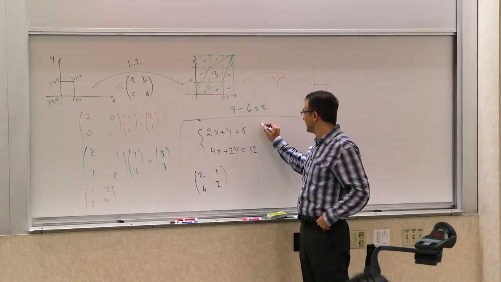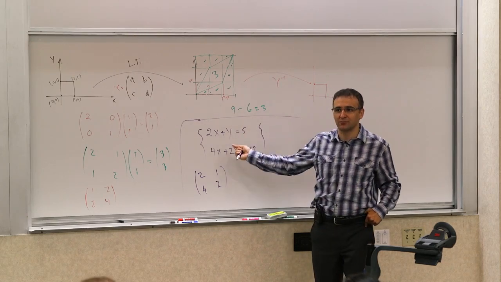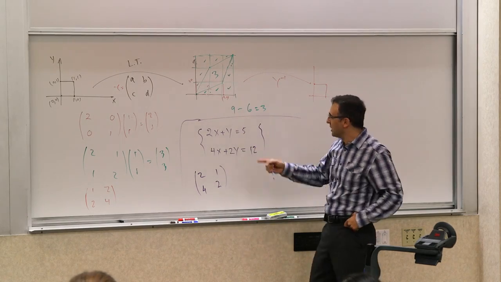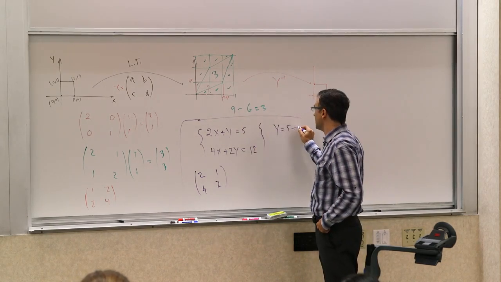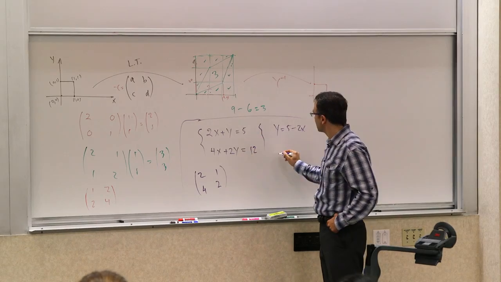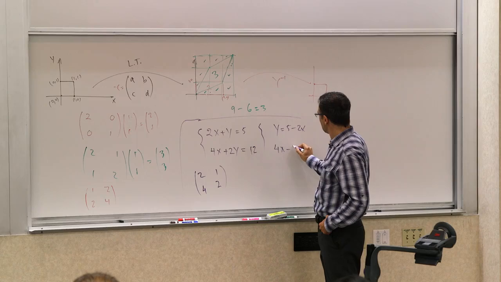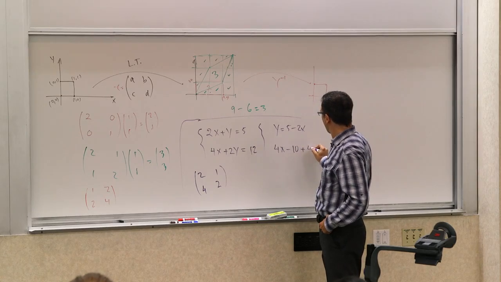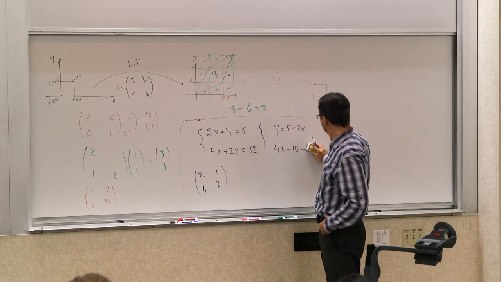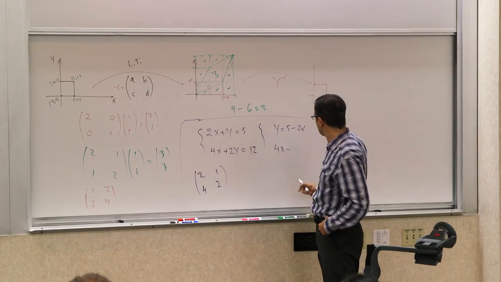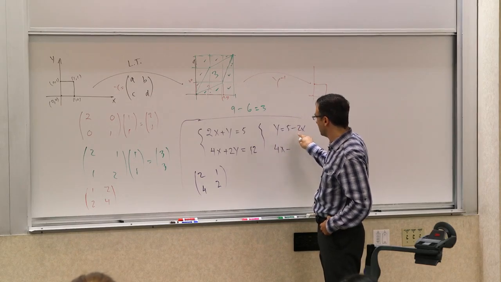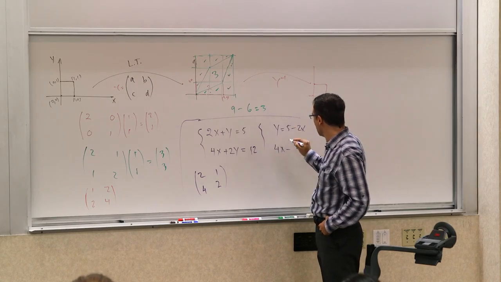The same very simplistic way, solving for one unknown and putting it in the other one. So if I plug it back into this guy, what do I get? I made a mistake.